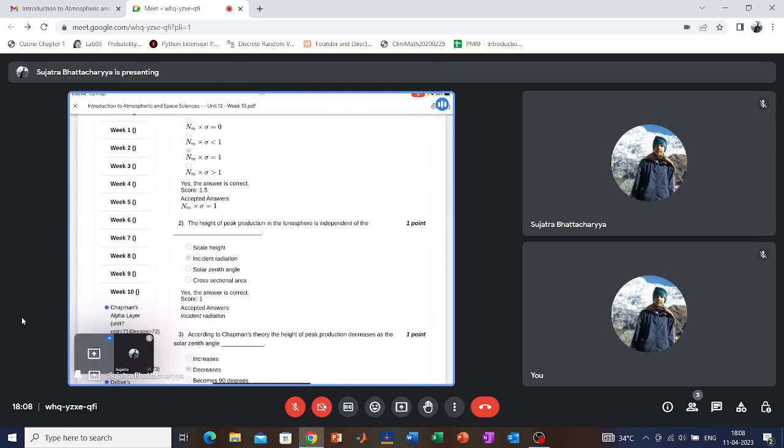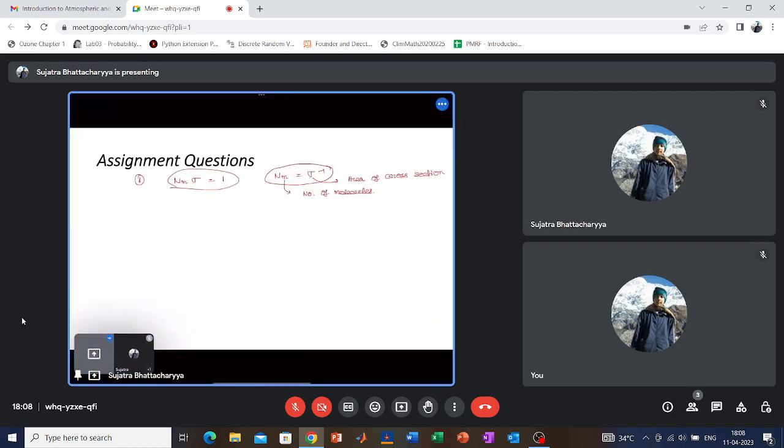The second question is, the height of the peak production in the ionosphere is independent of. So let us write the expression of the peak production height of the ionosphere, which we have derived earlier.